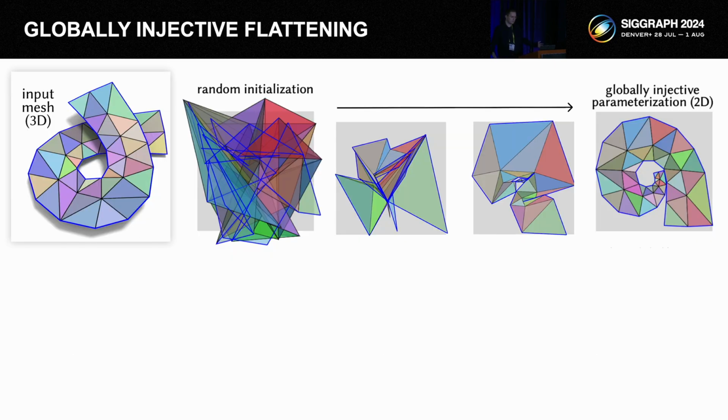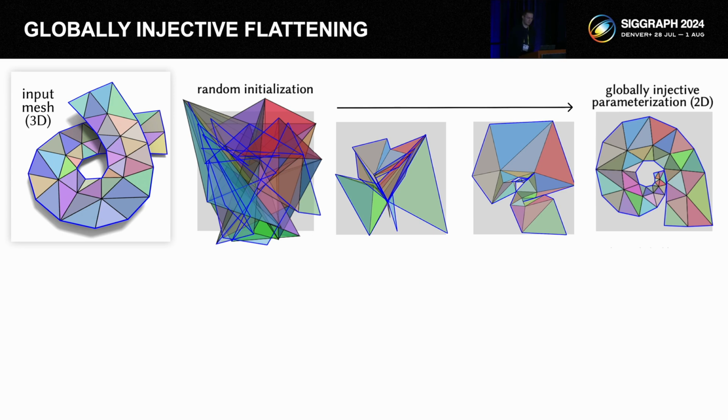Now again, since we can basically minimize any energy, we can use this for applications not just in vector graphics. So here is a classical problem from computational geometry, where we want to find some nice-looking 2D projection of some given 3D mesh.